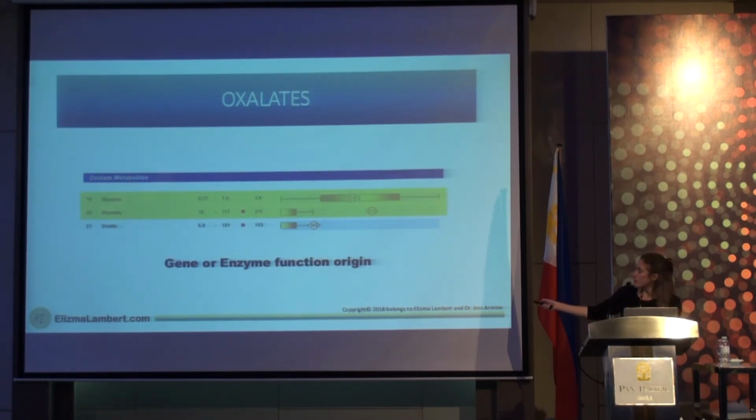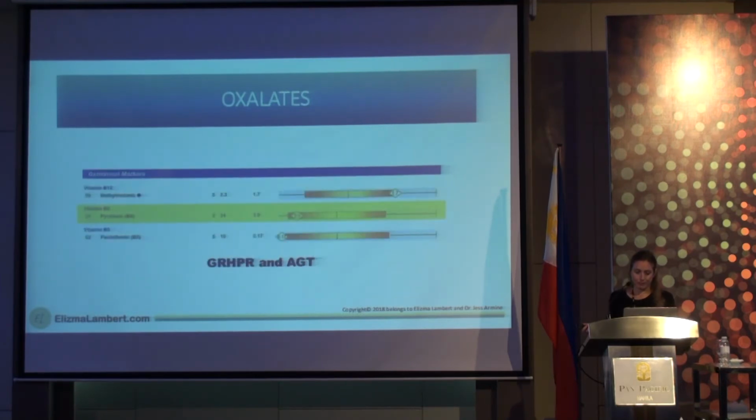The other 2 markers, your glyceric and your glycolic acid, become elevated when there are other things going on, such as genetic SNPs or mutations that are being expressed, or when the enzymes involved in these reactions are compromised for some reason. It's less often that you will see these ones elevated, but you will see them elevated from time to time.